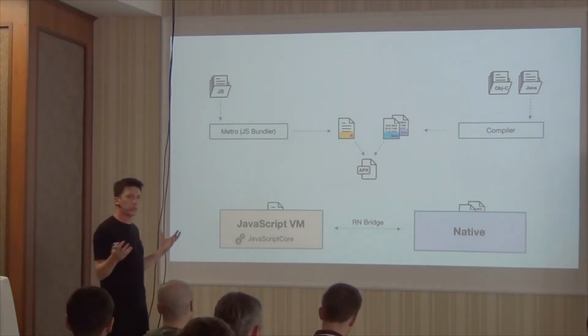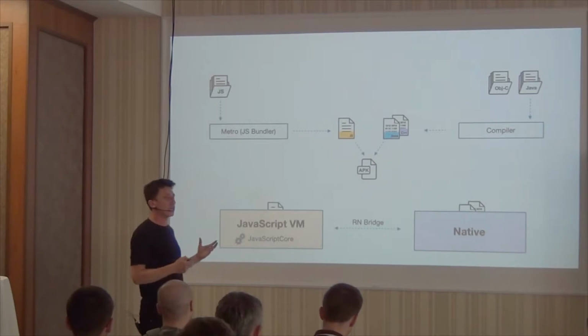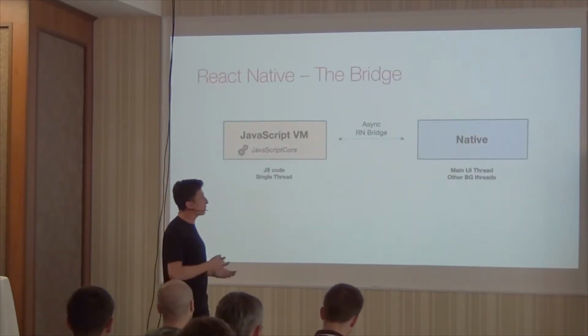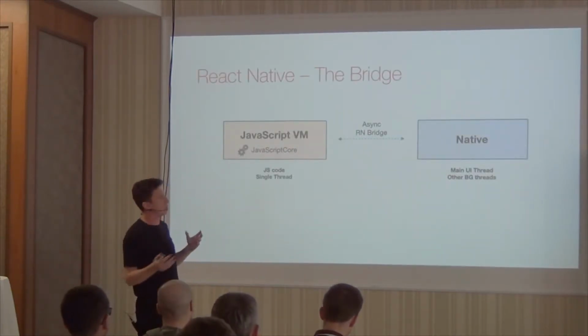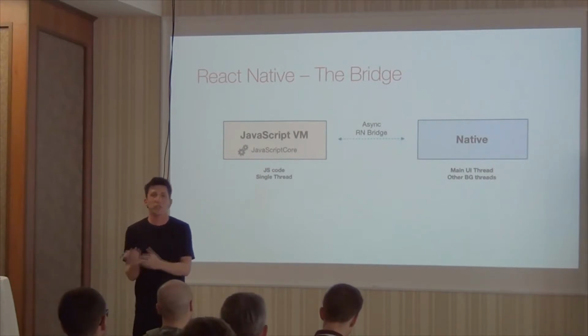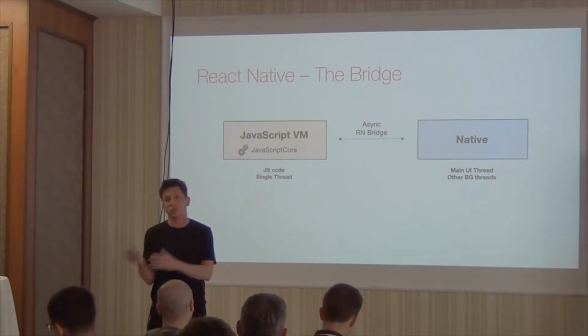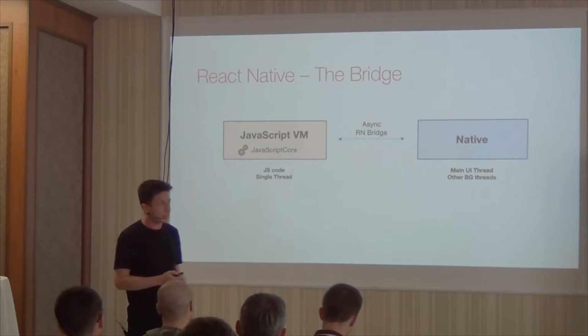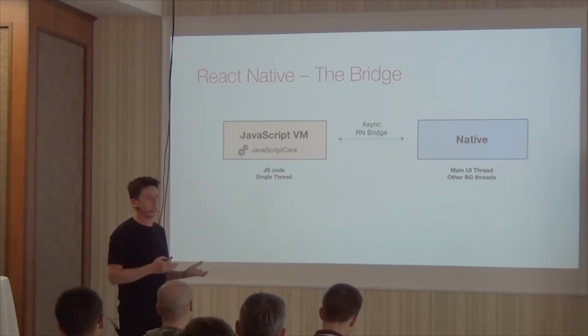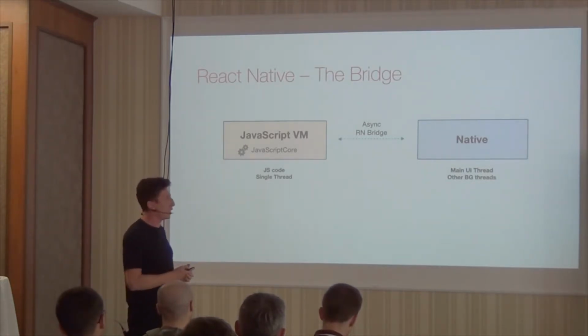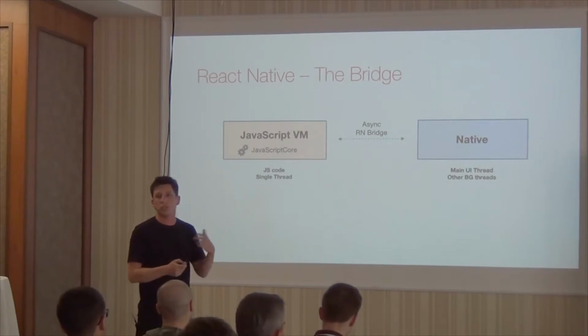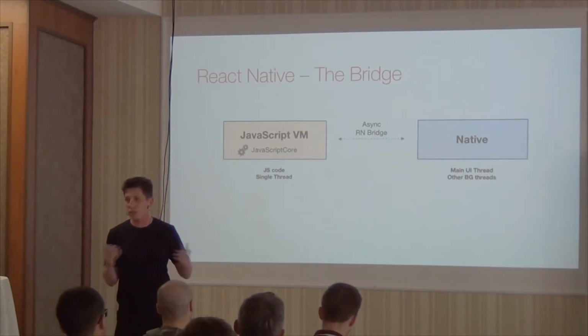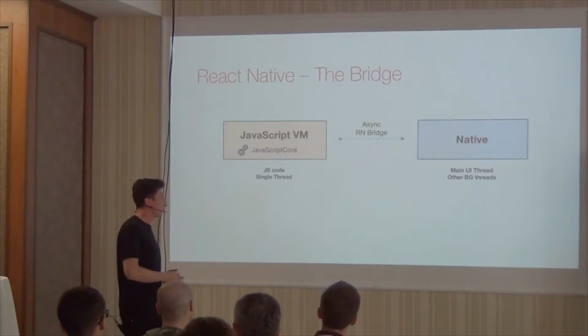Between these two realms, we have a React Native bridge. It's actually a way to send messages between native and JavaScript, and from JavaScript to native, to invoke some method. And it's an asynchronous way of communication. We're actually passing serialized JSONs between the two worlds.